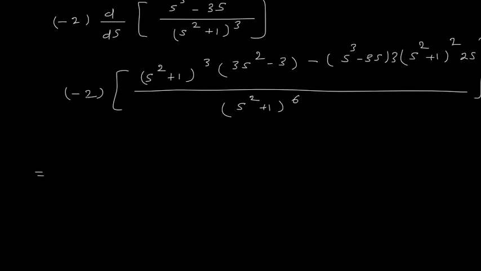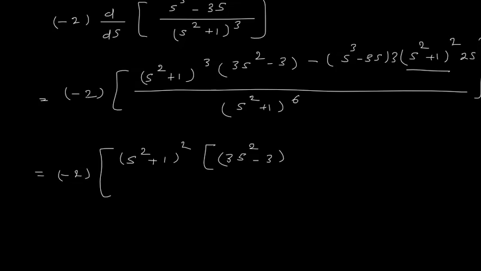So this is equals to minus 2. Now s square plus 1 the whole square you can take common. So s square plus 1 the whole square we take common, and now inside bracket it is 3s square minus 3 into 1, s square plus 1 is here.